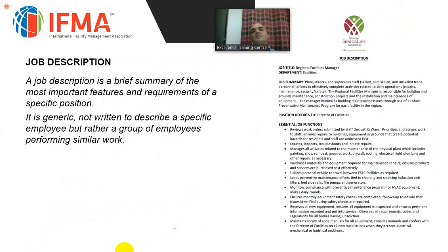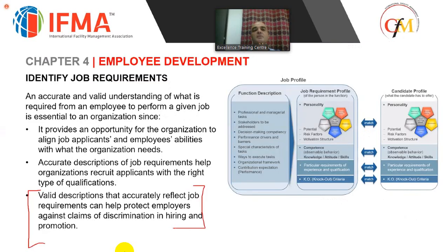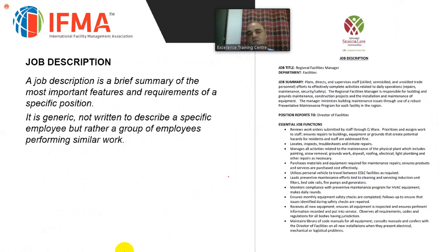Job description is a brief summary of the most appropriate features and requirements of a specific job. So it's similar to the job profile. This is usually at hiring, and usually after you are hired, you are provided with a detailed job description. They tell you who you report to, what you're supposed to do, what your key performance indicators are. We're going to be evaluating you on an annual basis based on 1, 2, 3, 4 criteria.